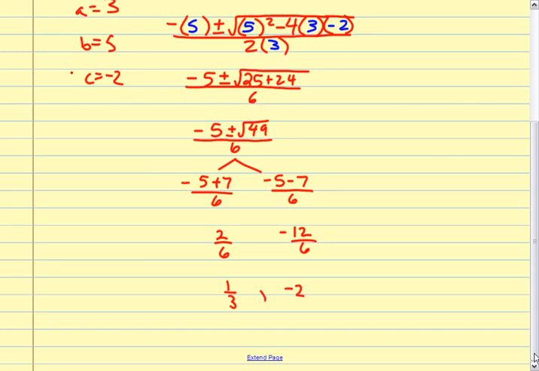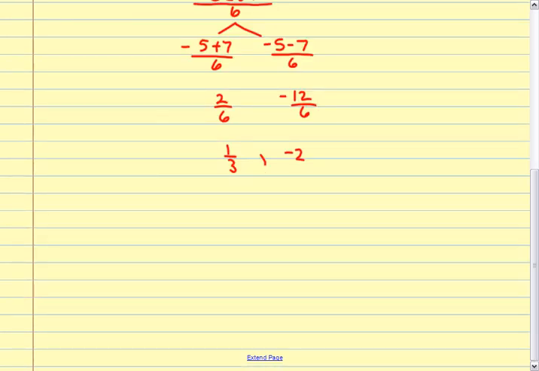Now, looking at that, I know, because we've been doing this long enough now, that this factor is 3x minus 1. It's the denominator times x and the opposite sign of the numerator. This one over here, its denominator is 1, so it's going to be 1x plus 2. And those are the two factors. Now, that's not what they gave us up there. They didn't give us x's, did they?